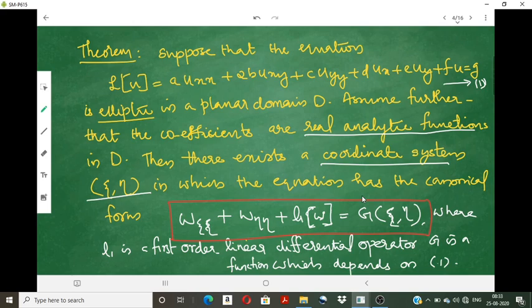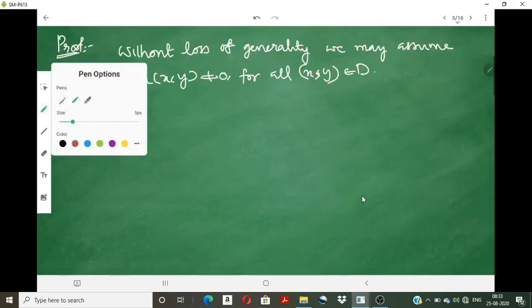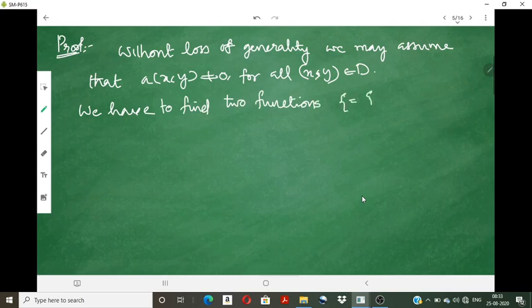So without loss of generality, we may assume that a of xy is not equal to 0 for all xy in D. Now we have to find two functions, theta equal to theta of xy, and eta equal to eta of xy, that satisfy certain conditions.